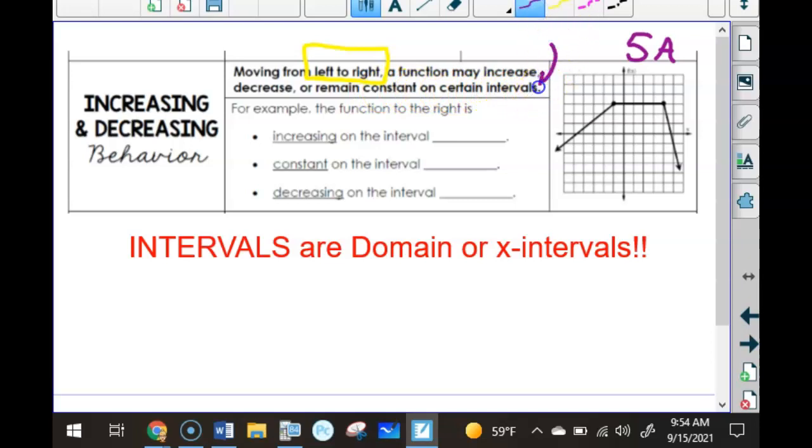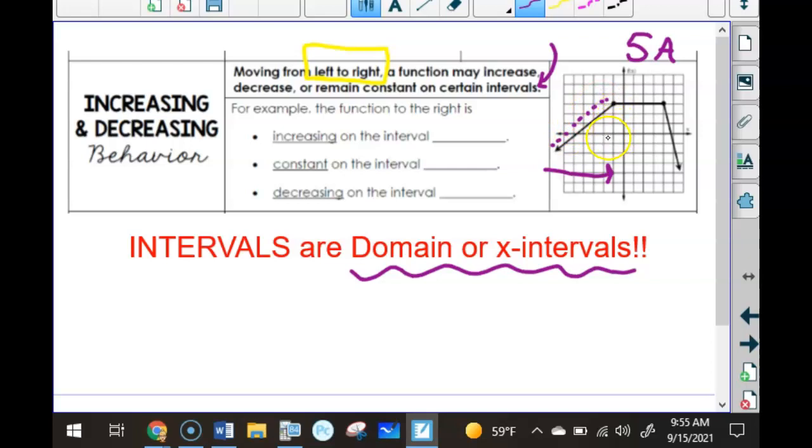And these intervals we're looking for are domain intervals or x intervals. So you're going to use x values when you tell me this is increasing coming from the left until I hit what x value? Does it stop going up here? I'm just pointing my arrow because it's coming from the left, but the function is doing this until we get to -1.